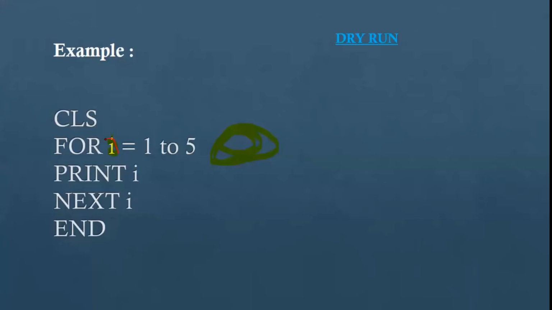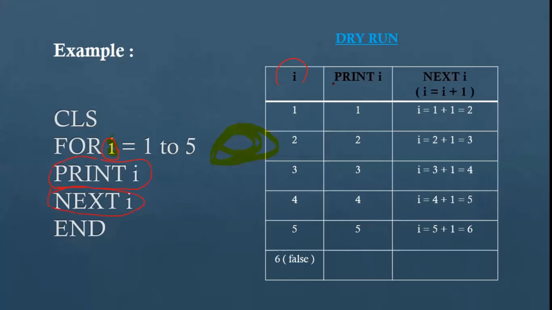This I variable we found, and then again we have this statement. This is going to be another column in our dry run, and this next is next I. You see here, I is here. This variable we need, and then we have to print a value for our answer.